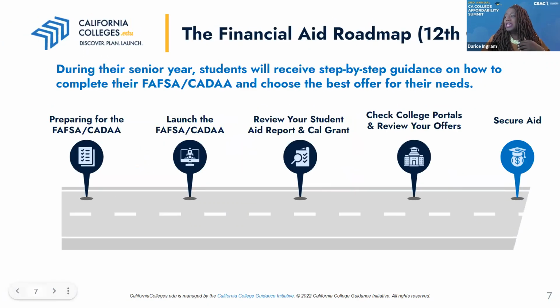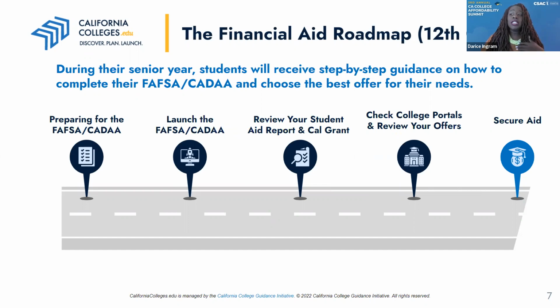In the 12th grade, as our students start their senior year, our modules with CaliforniaColleges.edu expand significantly. As you can see, we'll cover how to prepare a list of the actionable items that will help our seniors do the correct application, the FAFSA or the CADA, gather their required documents, scaffolding them into the process of filling out the actual application in order to complete their financial aid process.